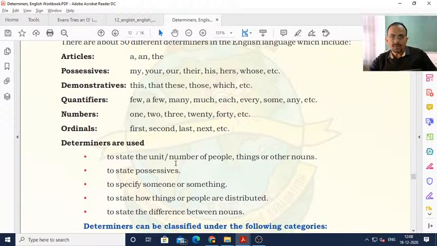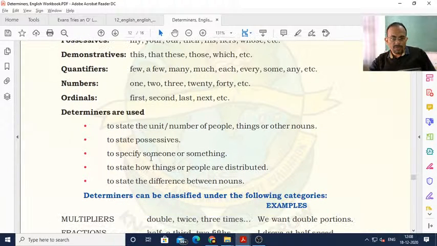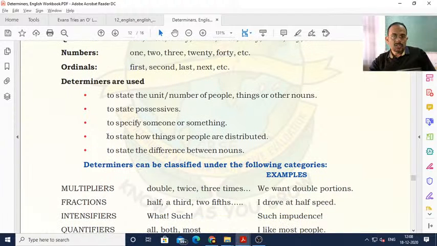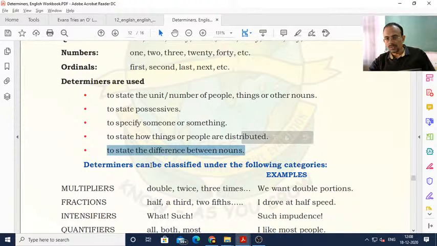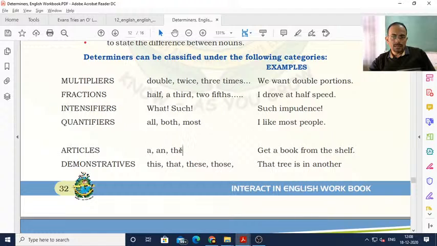They specify the noun actually. So you can see there are so many functions of determiners. Then state how things or people are distributed. Then to state the difference between nouns, like countable noun or uncountable noun. Then multipliers like double, twice, three times, fractions, half, a third, two fifths, intensifiers, what, such, quantifiers, all, both, most, articles a and the, then demonstratives this, that, these, those.